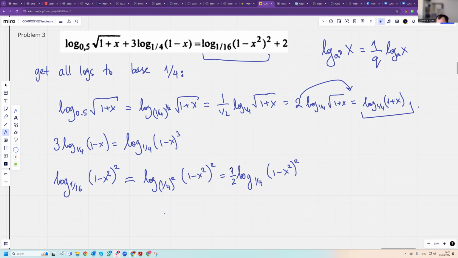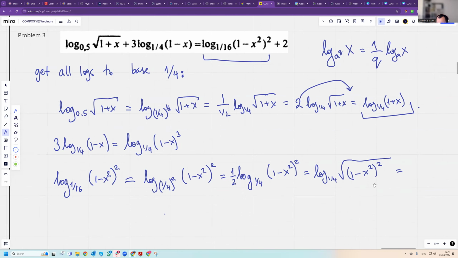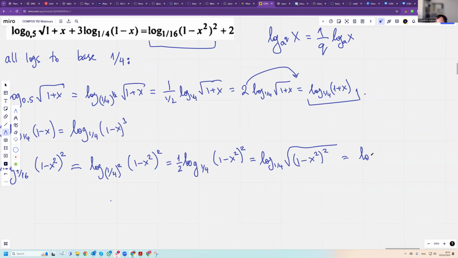And this half is brought as a power. So log base 1 quarter of the square root of (1 minus x squared) squared. That's equal to log base 1 quarter of 1 minus x squared.